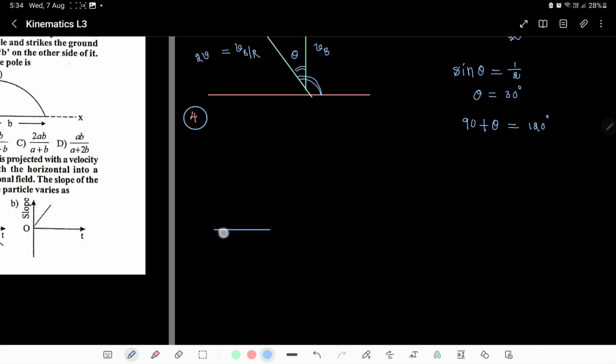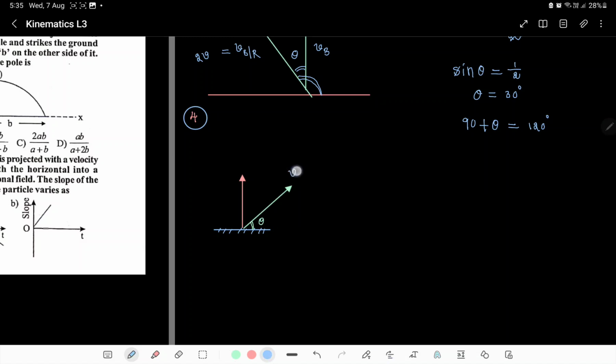Let that be the ground, and we are throwing one body straight up and one body making an angle theta with the ground, like so. But both have the same velocity.